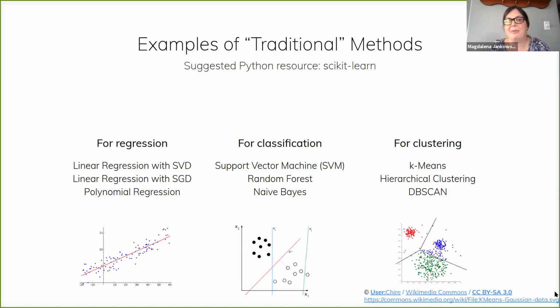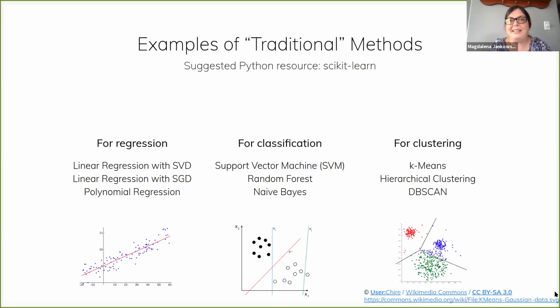Those methods are still very good. Also, they can be used, as we will see in part of the Jacek presentation, after some pre-processing using neural networks or the deep neural networks.